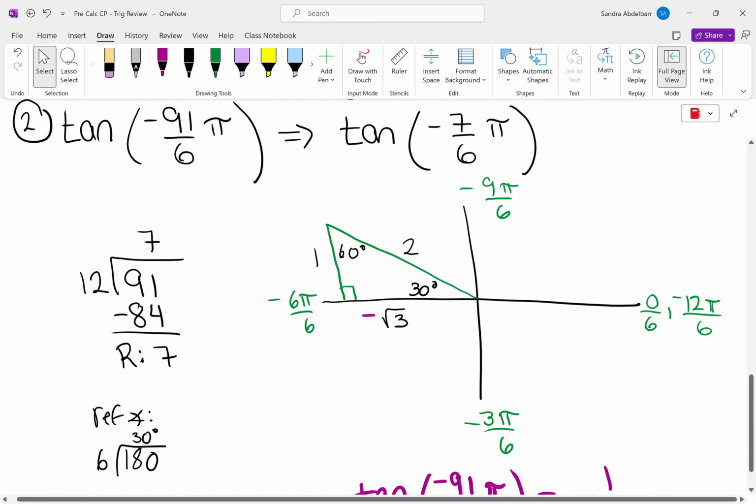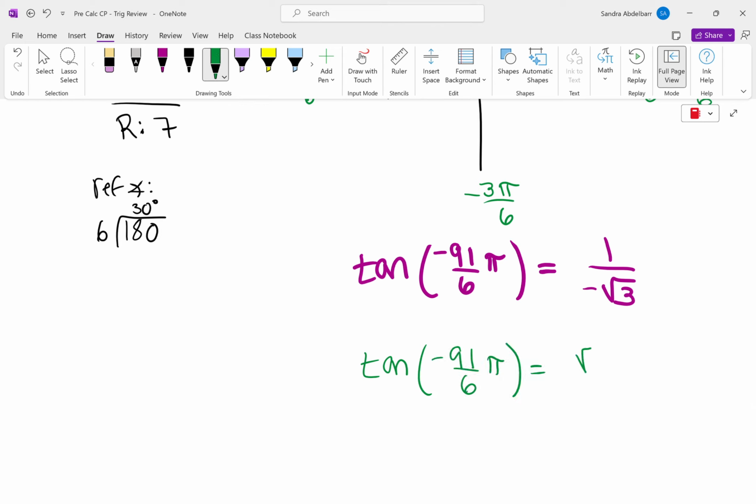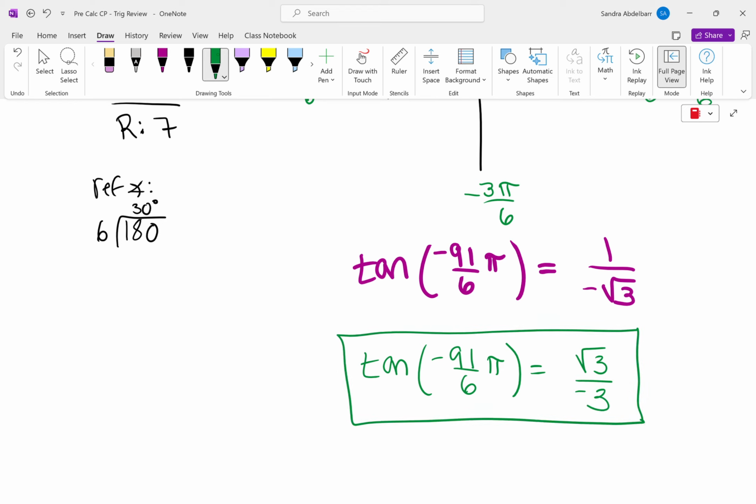Can I leave it like this? No, I need to rationalize. So the tangent of negative 91 over 6 pi will be root 3 over negative 3. I just multiplied top and bottom by root 3.